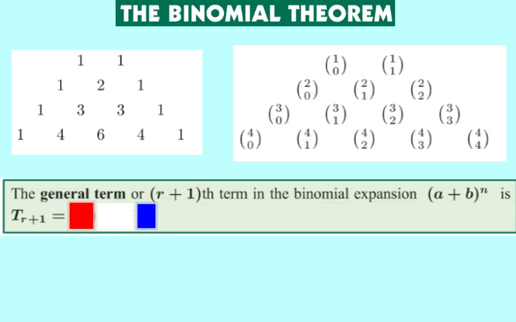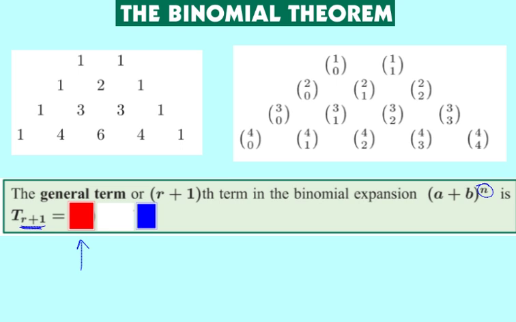So if we consider the general term as term r plus 1, then my combination here will be C(n,r), where the power is n and the base number is 1 less than our term number.